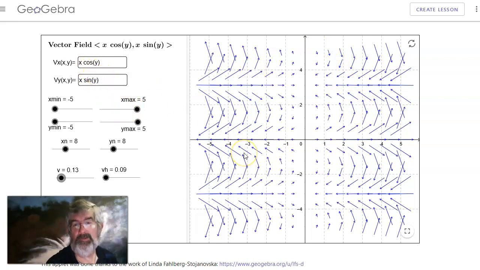So this vector field is essentially the same as the polar coordinate conversion. Rather than saying xy equals r cos theta and r sine theta, I'm saying that this vector I'm getting as an output has x cos y, x sine y as its two components. Okay. Yeah, there's polar coordinates.